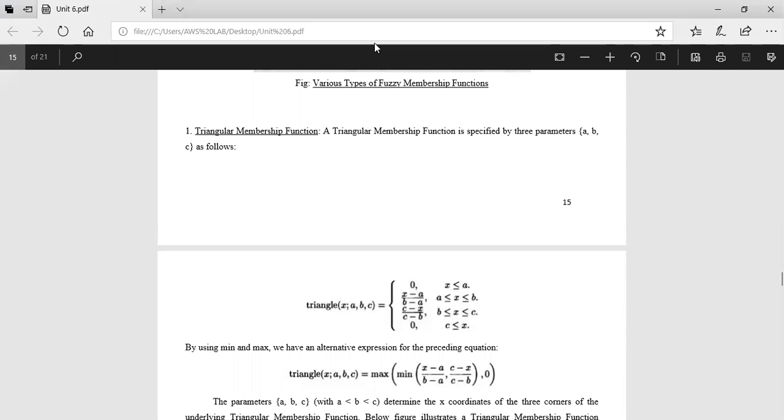Since it is a triangular membership function, on the left side we start with triangle bracket open, x colon a b c. Already we know a b c are nothing but the 3 parameters which we specify for the triangular membership function. So equal to, it starts with 0.